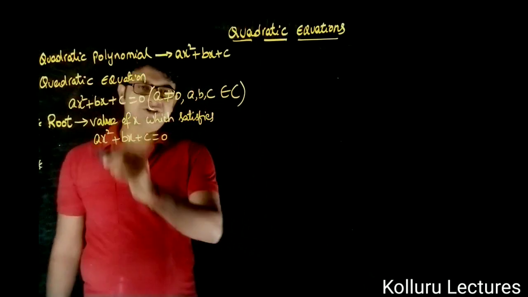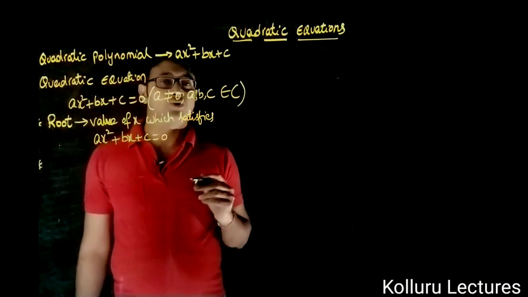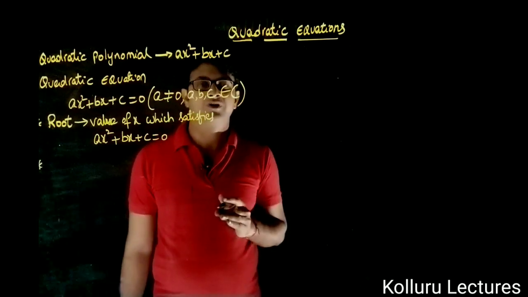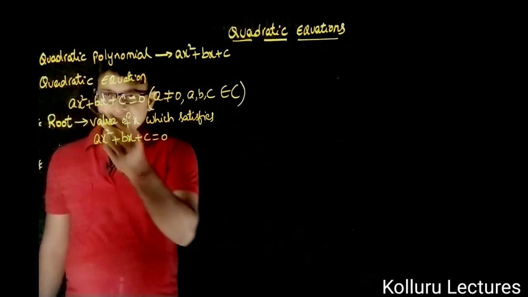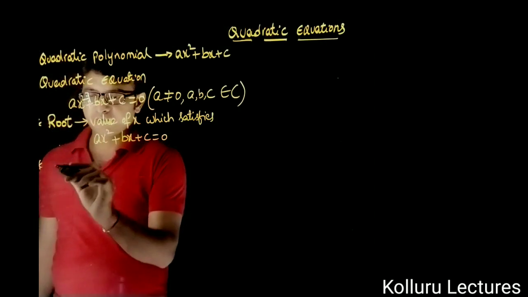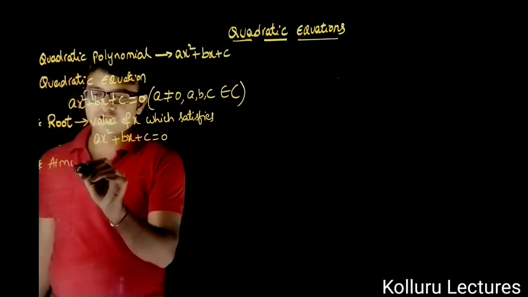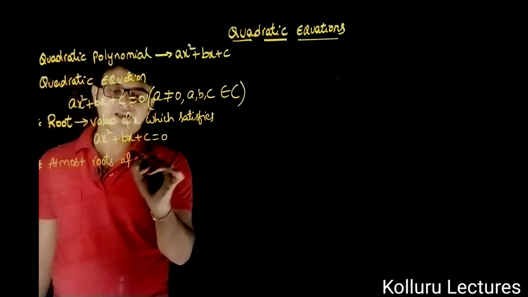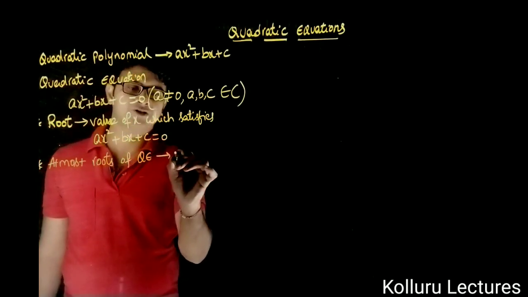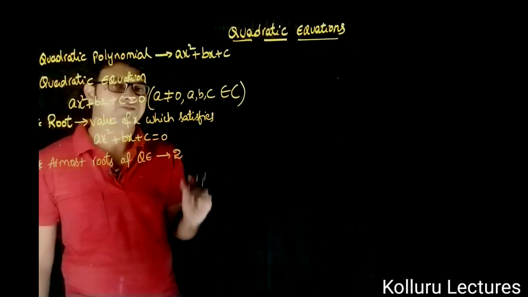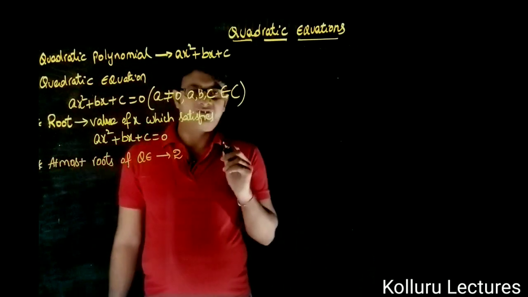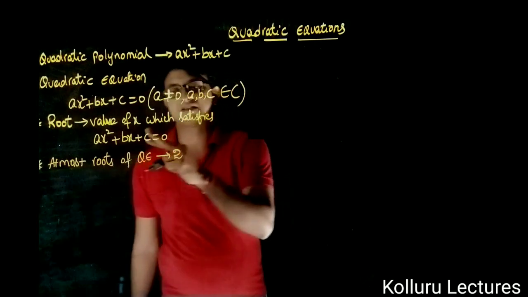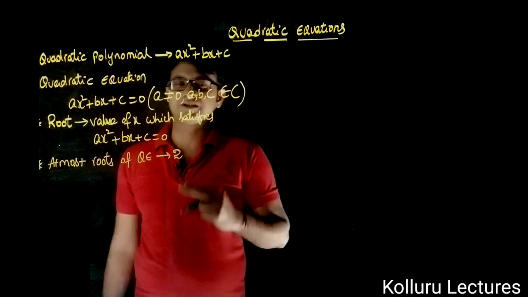The utmost number of roots of an equation is equal to its degree. So the maximum number of roots of a quadratic equation is 2. That means for every quadratic equation we will have two values of x which satisfy ax square plus bx plus c is equal to 0.